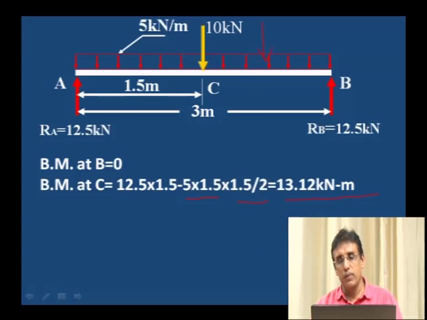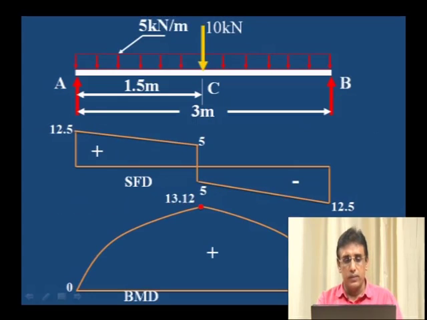Therefore bending moment at C is equal to 13.12 kilonewton meter. Bending moment at A is 0. Bending moments at A and B are 0 and at the central point we have the value of 13.12 kilonewton meter.